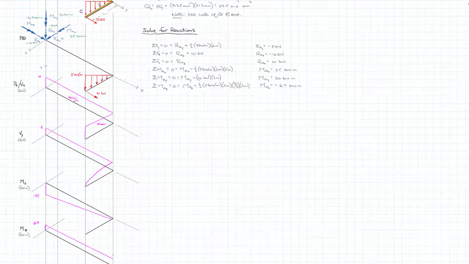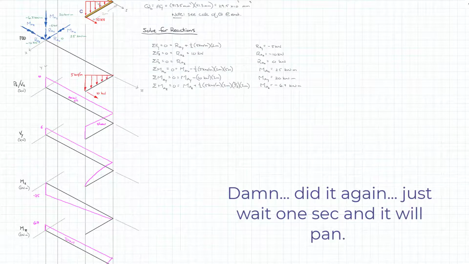And if I want to consider what that is, the M at z along A to B is going to be a torque. So this is a torque or torsion there. So once we get to B, again, that triangular distributed load is going to start to reduce the moment. And if I were to draw it in here, you're going to have a little bit of a curve to it as we go up here.